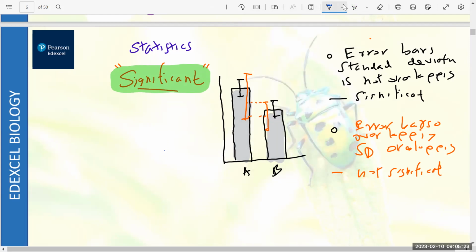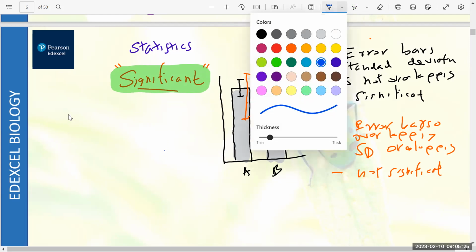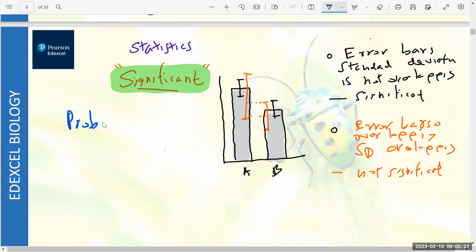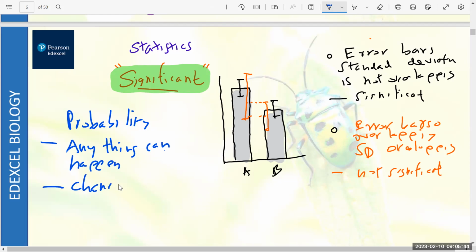That means if we look at the probability, we can make a few conclusions. Anything can happen. There's a chance. So anything can happen due to a chance.